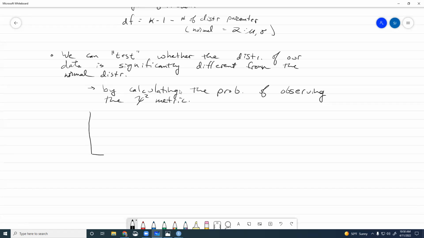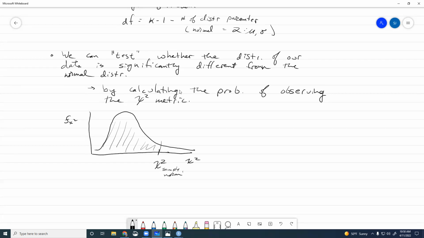And so there are chi-square tables. The idea is if we have this chi-square distribution, which kind of looks like this, it's a skewed distribution, and we calculate our test metric. So we do that and we get this chi-squared value from our sample based on the normal distribution. We say, what's the probability under this curve or up to that point?